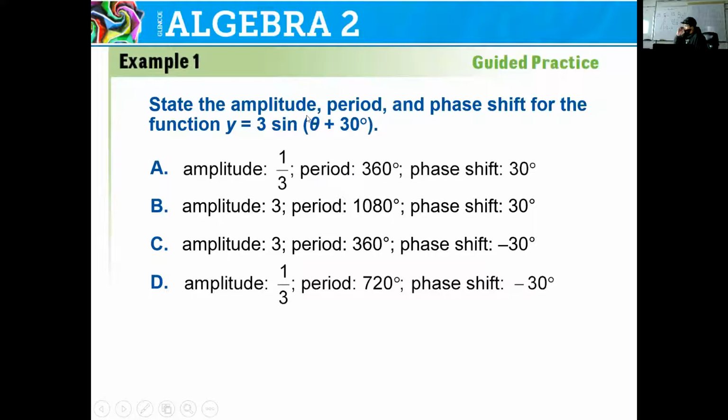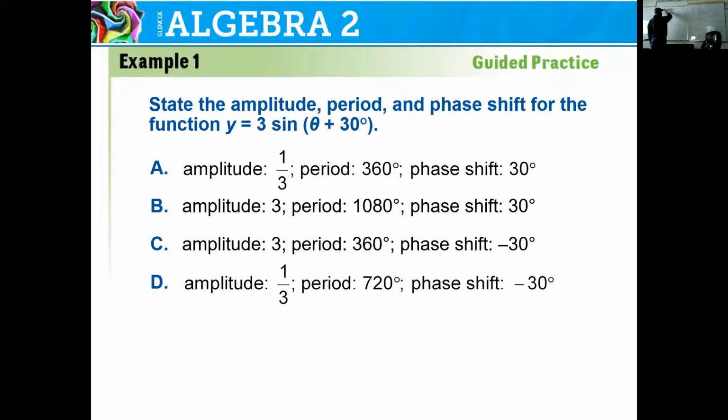So here, we're stating the amplitude, period, and phase shift for the function y equals 3 sine of theta plus 30. Okay, so if we consider all of our information, I won't graph this one to save a little bit of time because it's not asking me to, but I'm going to write all of the information like I was going to graph it.